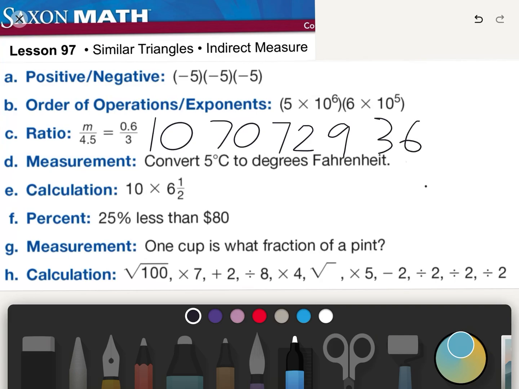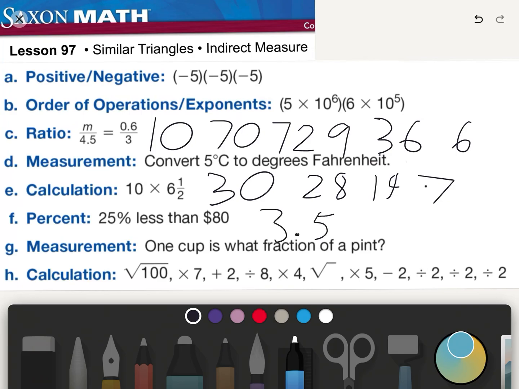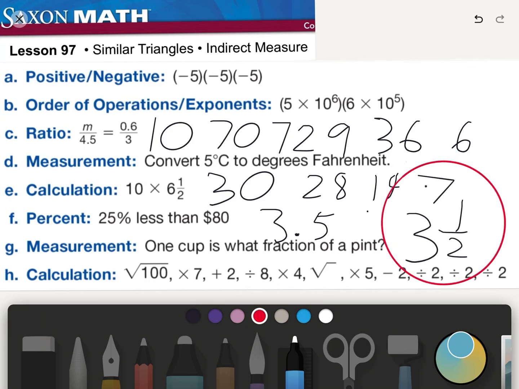Square root of 36 is 6 times 5 is 30. 30 minus 2 is 28. 28 divided by 2 is 14. 14 divided by 2 is 7. And 7 divided by 2 is 3 5/10, or 3 1/2. Which feels like a bit more of an appropriate answer for this one.